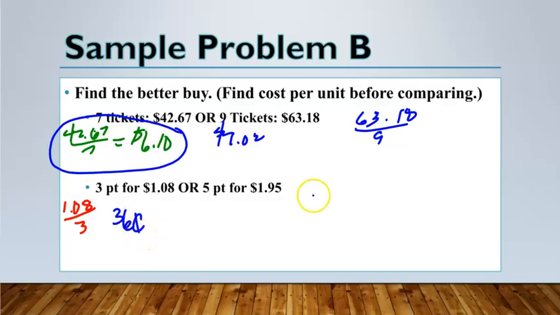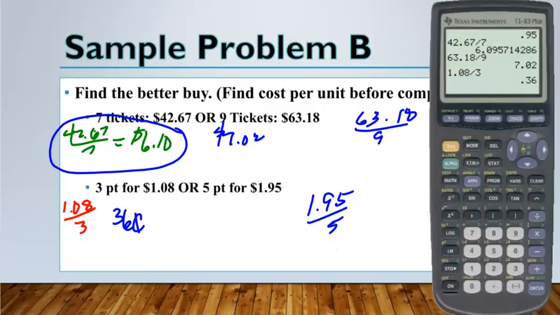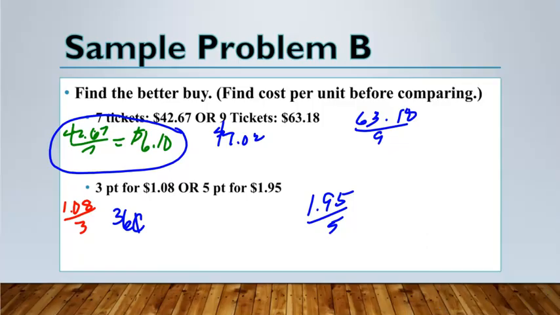And then the other one, we have $1.95 for 5 pints. So $1.95 divided by 5, this would be 39 cents per pint. That means 36 cents is cheaper, so we would do the 3 pints for $1.08 as the better buy.